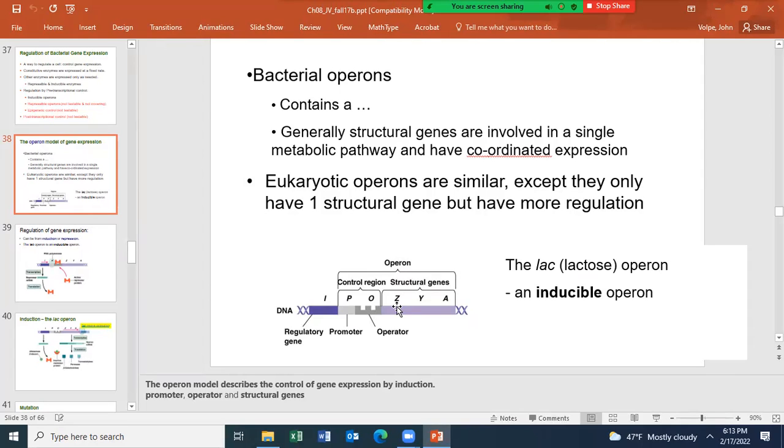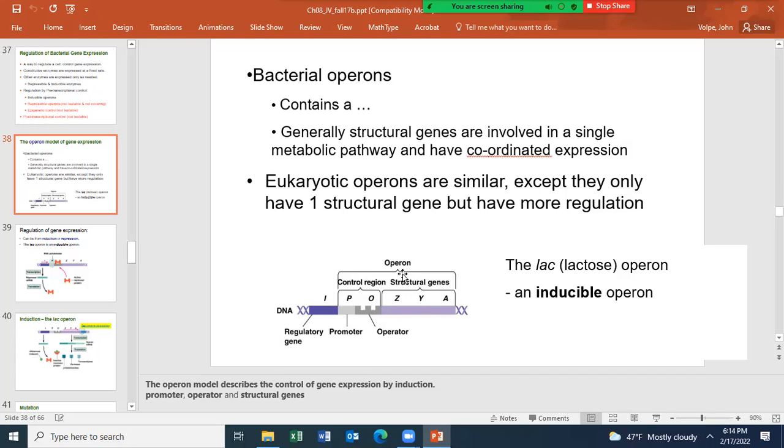So the lac operon contains actually 3 structural genes, gene Z, Y, and A, and they're all involved in the metabolism of the sugar lactose. And that's always seen in prokaryotes, that if you have more than one structural gene in the operon, these genes work together.